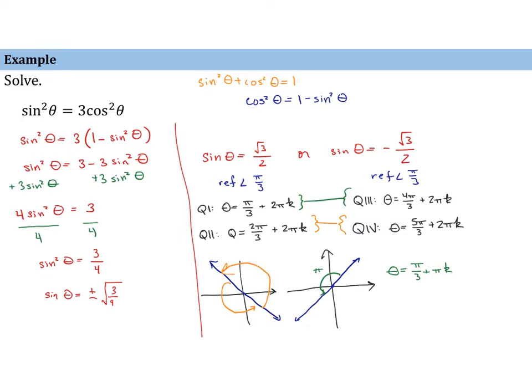And we can go back and forth. So that would yield 2 pi over 3 plus pi k. And there are our solutions collapsed, written more concisely.